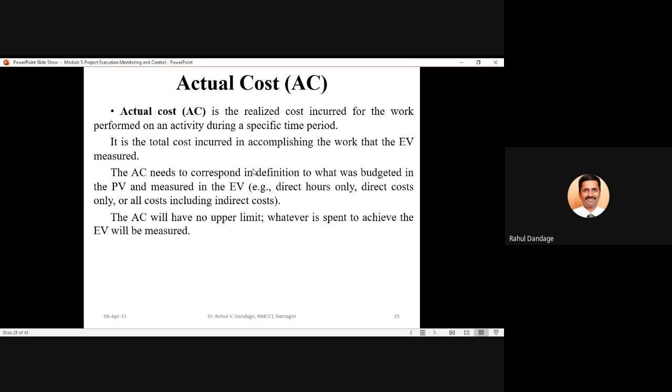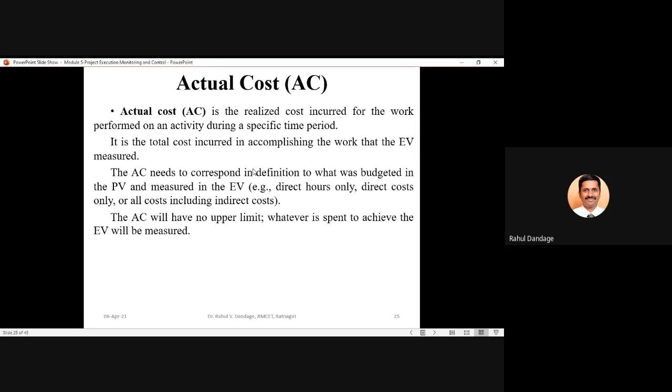So when we consider the EV, that is earned value, we try to understand how much work is performed, and we should also try to understand how much is the actual cost incurred in completion of that particular work.